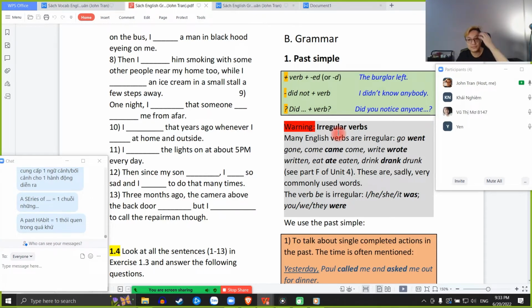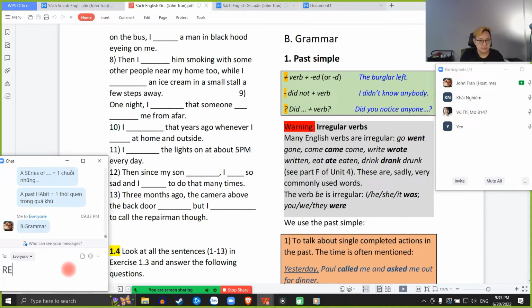Irregular verbs. And yes. Many English verbs are irregular. Go, went, gone. Come, came, come. Write, wrote, written.